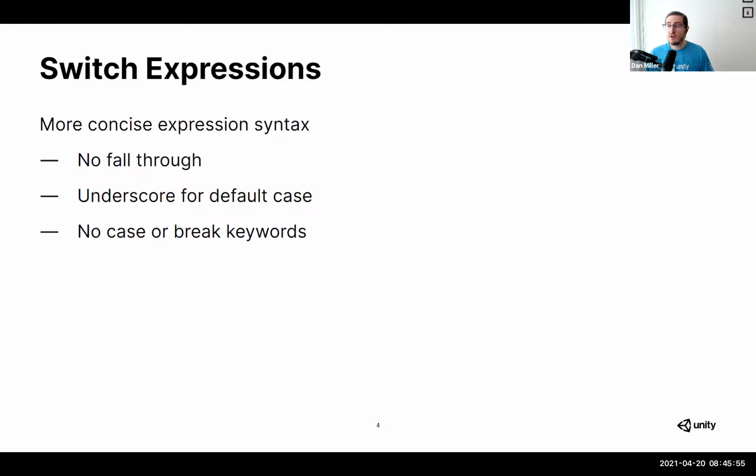A couple things to note: you cannot necessarily use a switch expression for everything you might use a switch statement for, because there's no support for things like fall through. The other thing I want to note, and this was a new thing for me, is that underscore is the default case. So we'll see what this looks like, and you'll see that these additional expression patterns are used a couple times here.